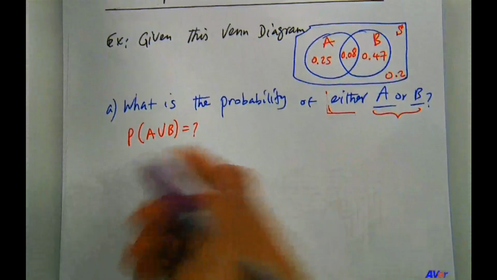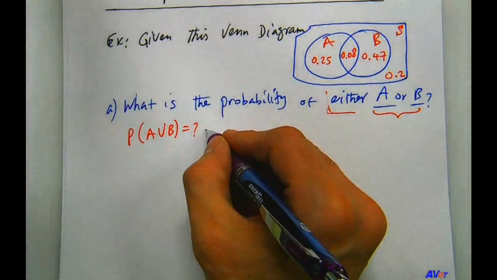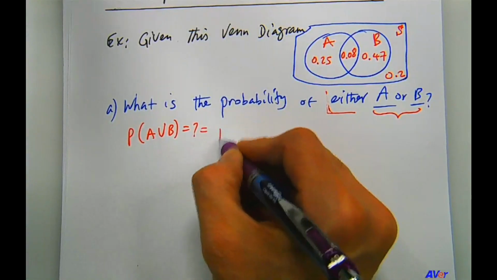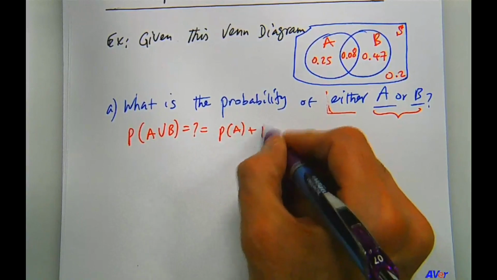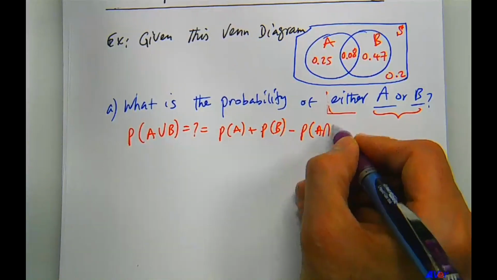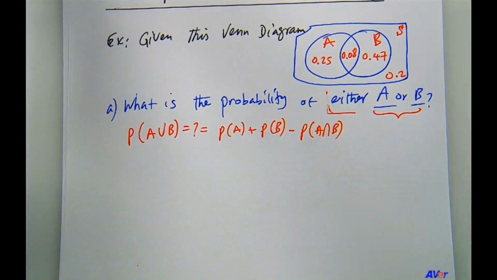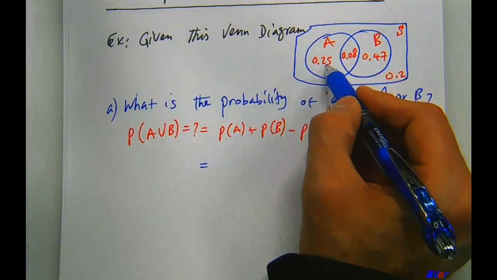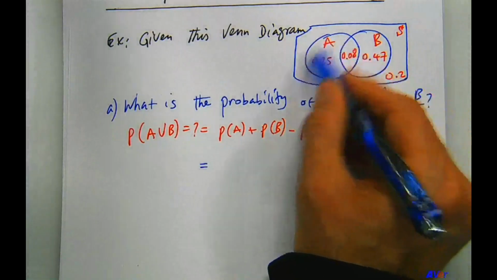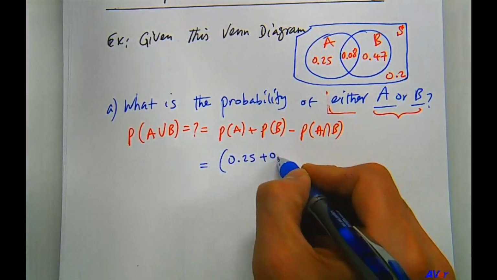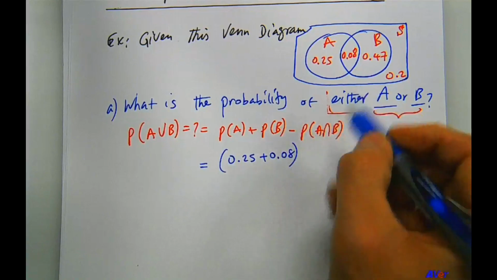Now, what is probability of A union B? Well, probability of A union B is equal to probability of A plus probability of B minus probability of A intersection B. Remember the additive rule? Great. So now let's plug in. Probability of A is not just this, it's the whole thing. So it's 0.25 plus 0.08.